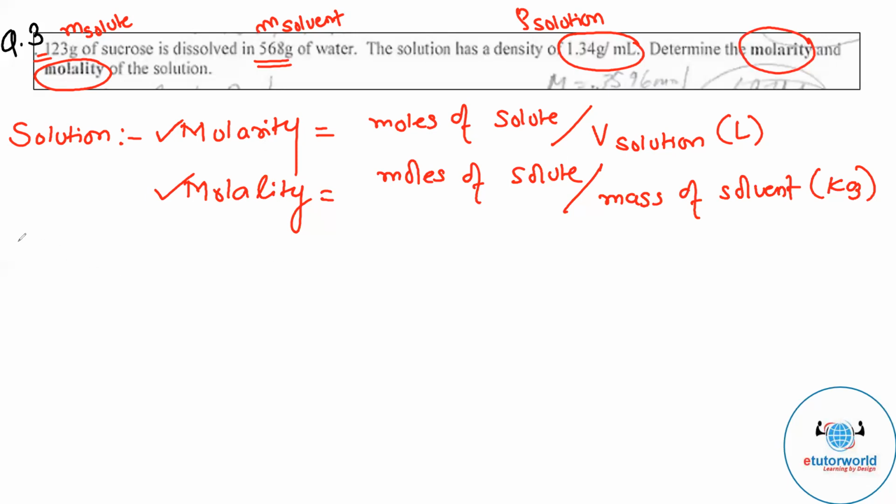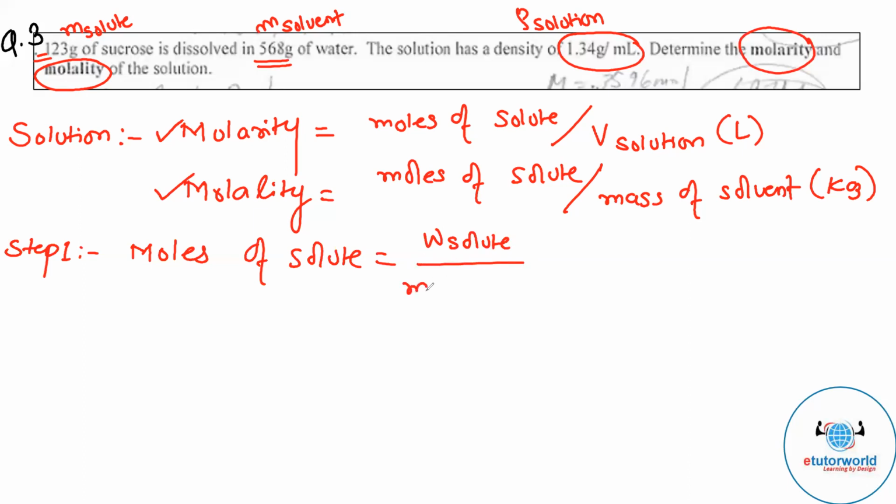First thing, step 1. Get the moles of solute. How are we going to get the moles of solute? Mass of solute divided by the molar mass of solute. This will be given, Aditi, don't worry. So what is the mass of the solute, Aditi?